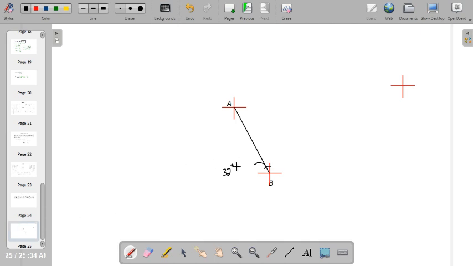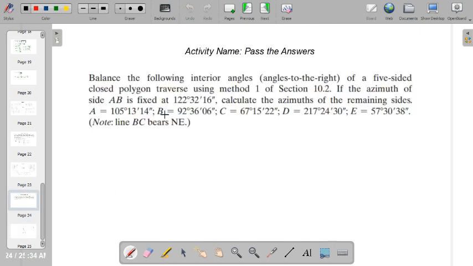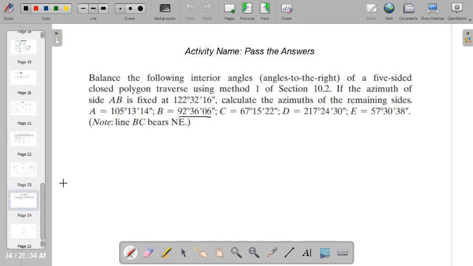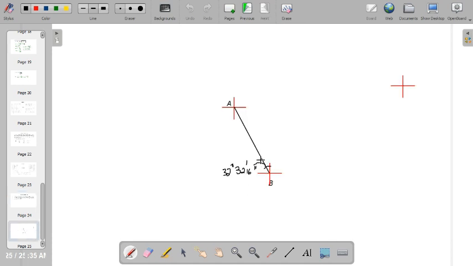Now we are going to plot. I think this is 32 degrees 32 minutes 16 seconds.